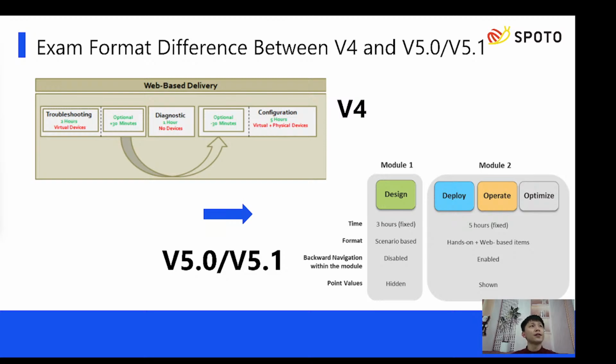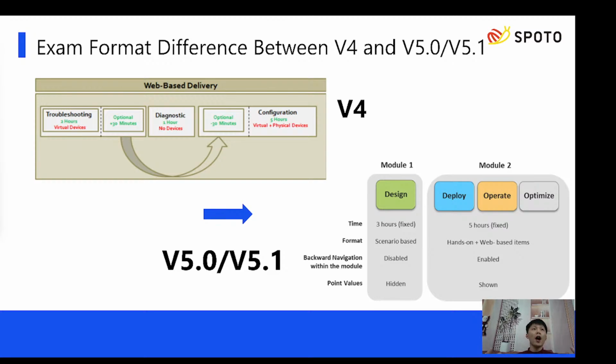You can see the exam format right here. The lab exam format remains the same in version 5. Let me show you the exam format difference between version 4 and the latest version, 5.1.